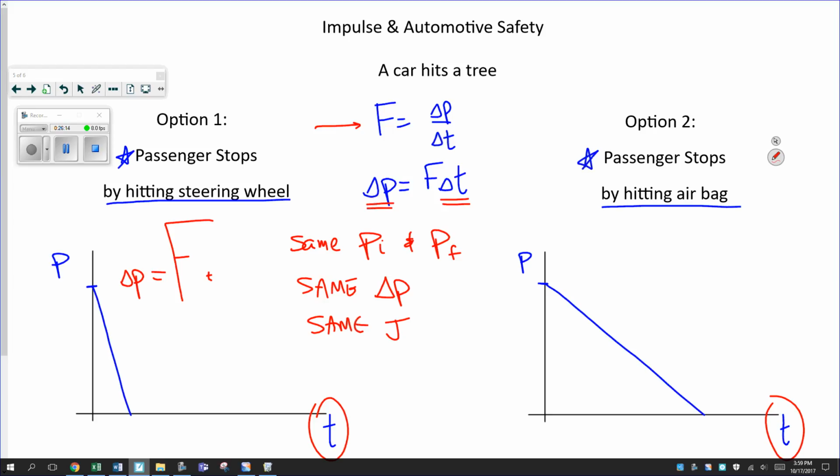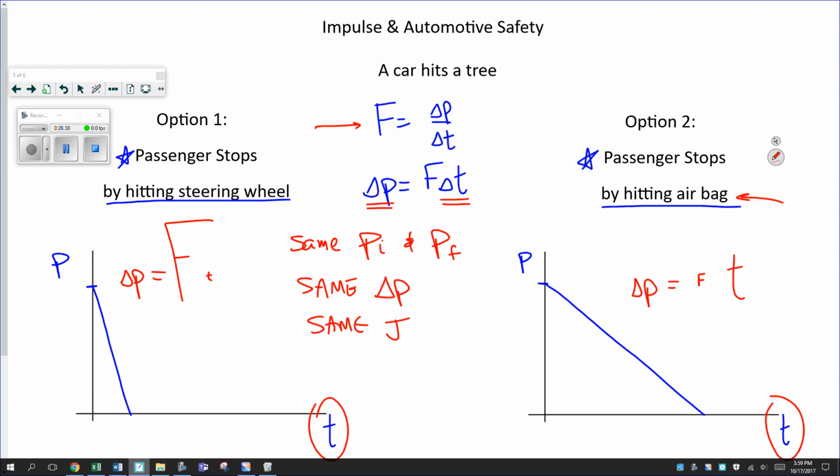Over here, we get the same delta P, but we extend the amount of time. Well, that can require a relatively small amount of force. And small amount of force is good if it's being applied to your face or a crash test dummy's face.